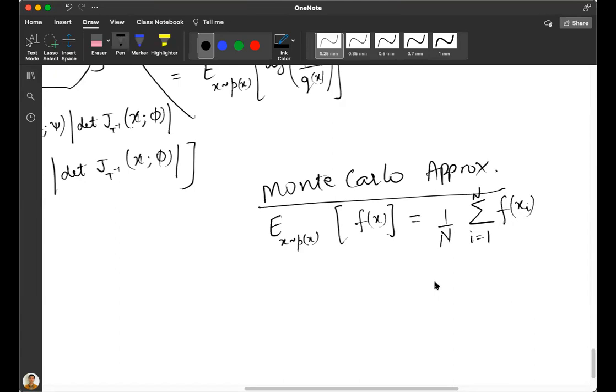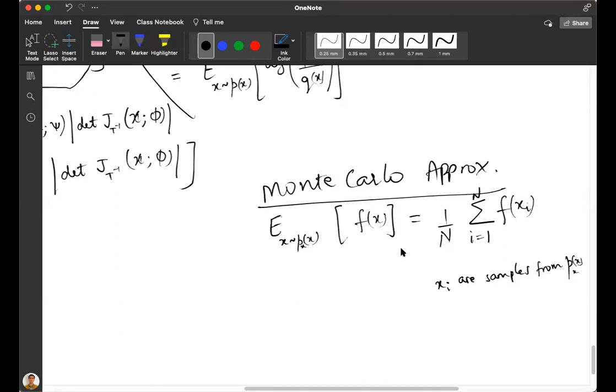And these x_i are samples from p(x). This is valid in general, not just for flows.